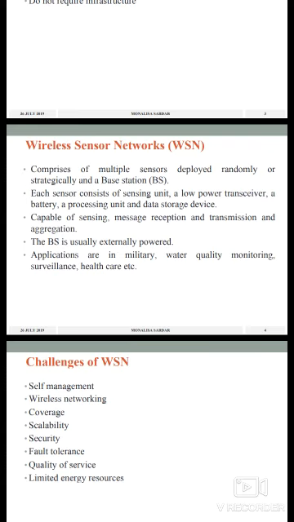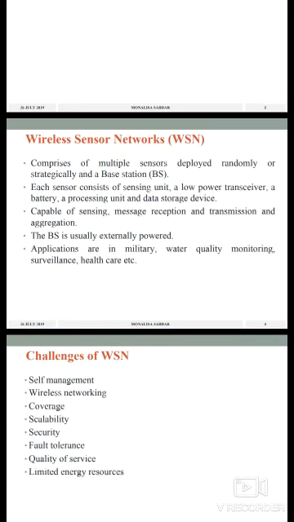And they also have a processing unit. Here they process the data that they have collected, and maybe they convert the temperature that they are sensing into data. And they also have a data storage device where they store the data until they send it to somebody else, or if some other sensors are sending data, then they store it in these storage devices.